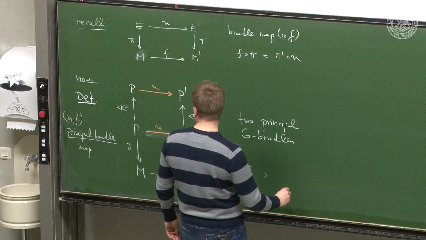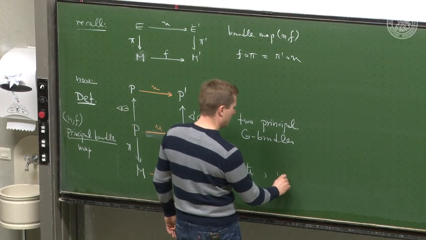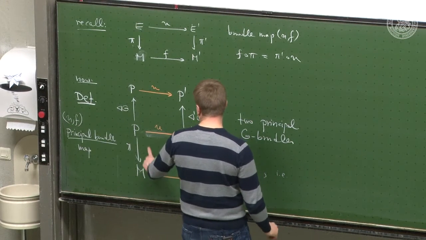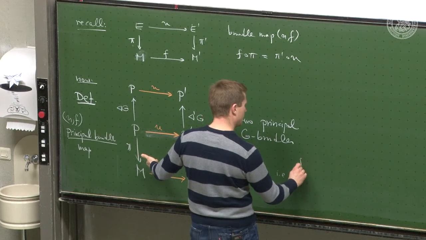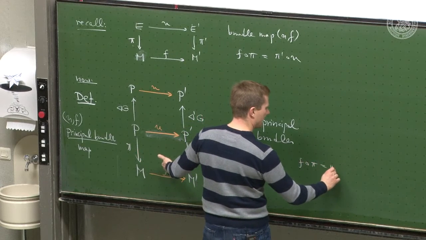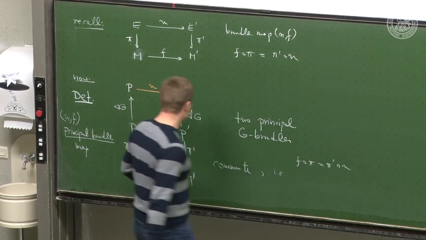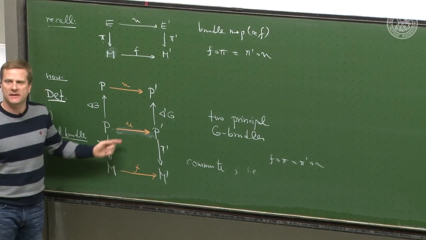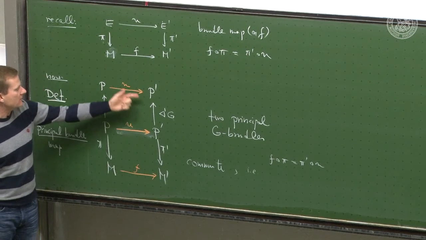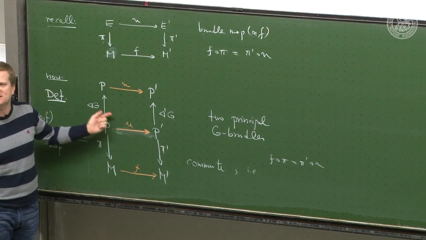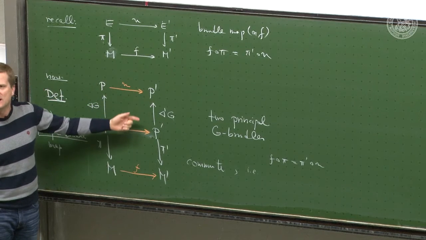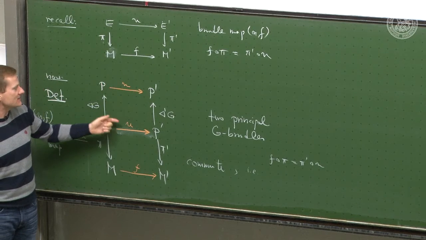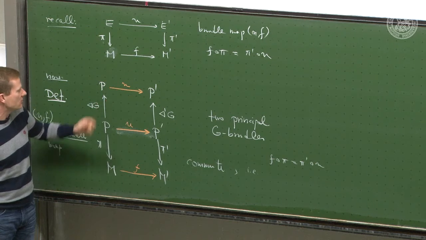And then we have the thing from down here, almost not worth mentioning, F after pi is pi prime after U. That's just the bundle map aspect of it. But we also have an equivariance aspect of it, how it behaves under the action of this group. But this terminology is not necessary if you just remember this needs to commute.